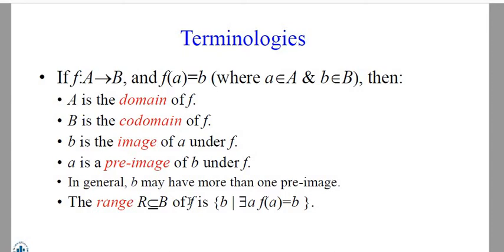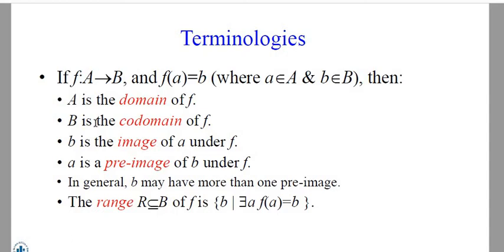So some terminologies we have: if f is a function from A to B and f of a is equal to b, where a belongs to A and small b belongs to capital B, then A is the domain of F. Okay, so these are the terminologies.